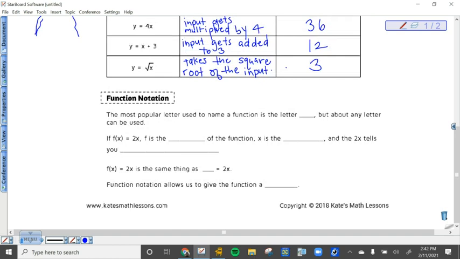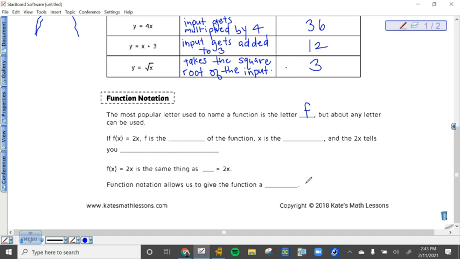Okay. So now moving on to function notation. So the most popular function notation just lets us come up with a name for our function. That's what it's doing. And the most popular letter used to name a function is the letter F. F for function.